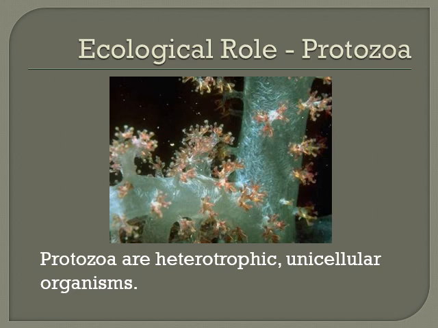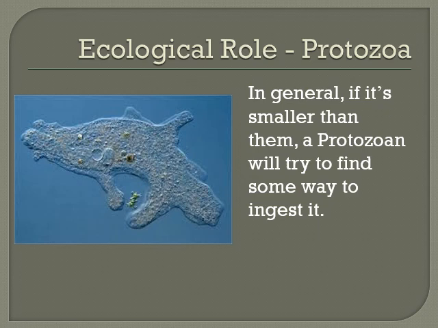Where algae are autotrophic, protozoans are heterotrophic. That means they need to take in organic molecules from the environment. And they are all unicellular. For a protist, if it's smaller than them, they'll eat it. That's the way things work.